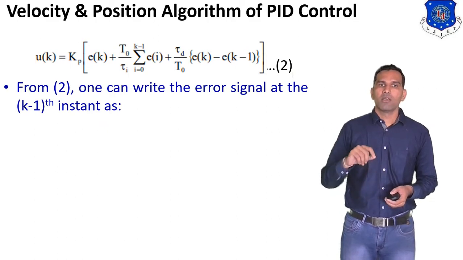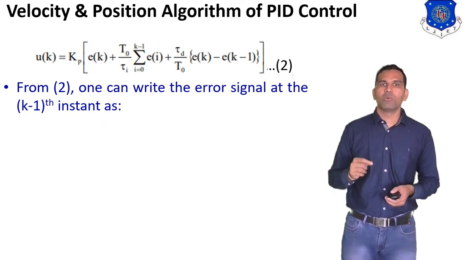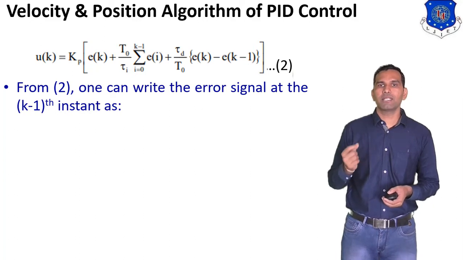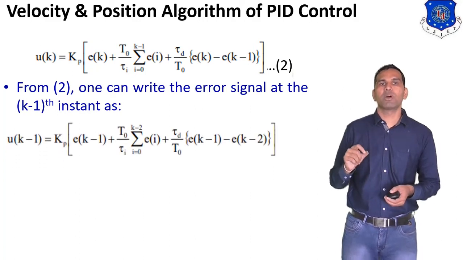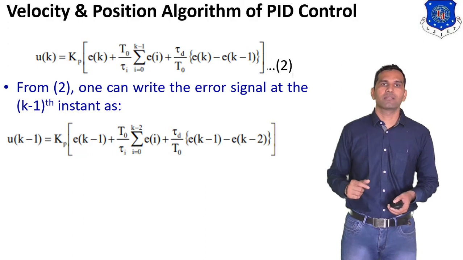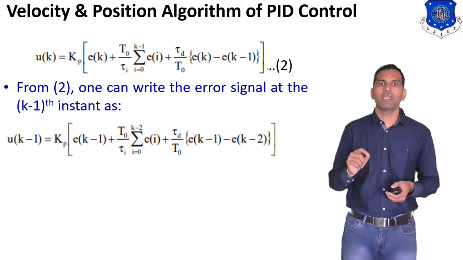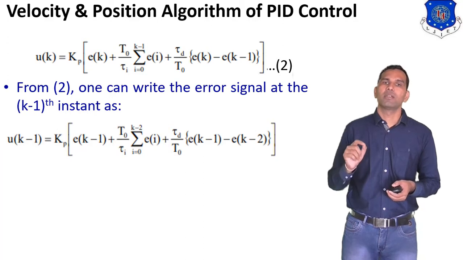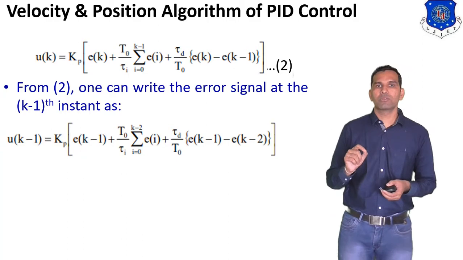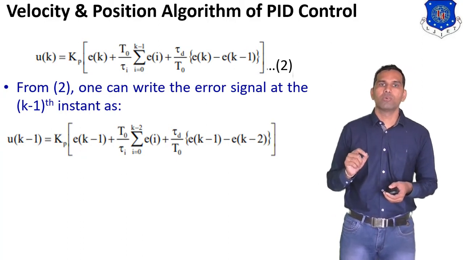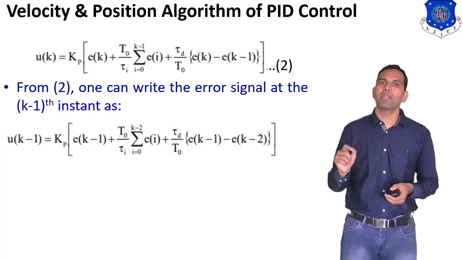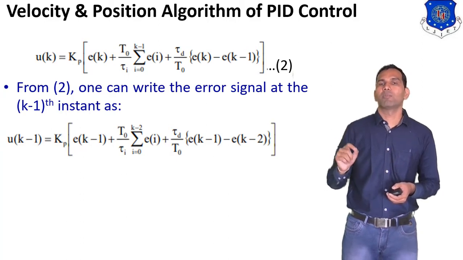So here from equation number 2, one can write the equation at the k minus 1 instant as u(k minus 1) equals Kp e(k minus 1) plus t0 upon Ti times the summation i equals 0 to k minus 1 of e(i) plus Td upon t0 times e(k minus 1) minus e(k minus 2).